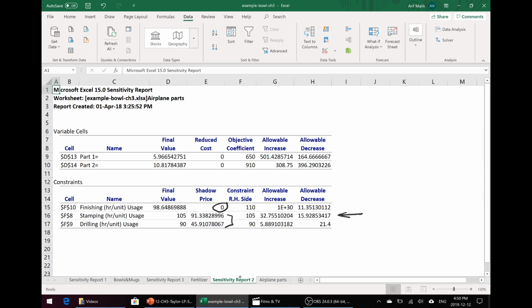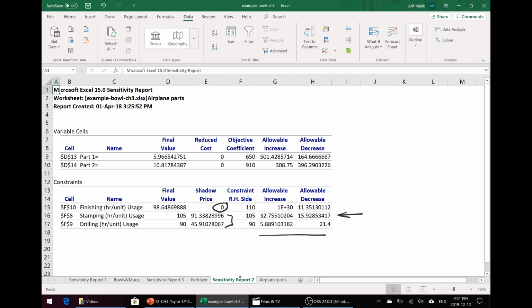105 plus 32.755 gives 137.755, etc. And 105 minus 15.92 was something like 89. So we get these values, and you can do the other values as well.